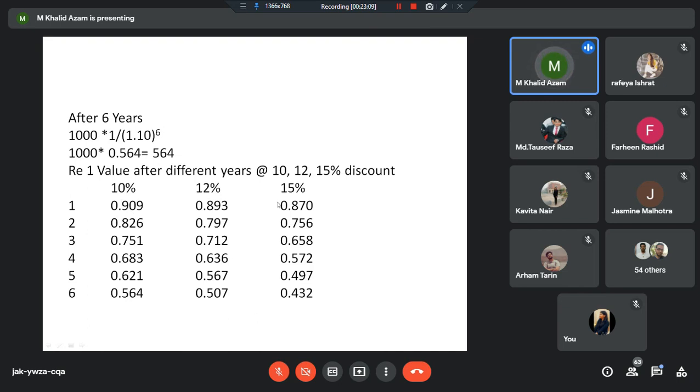So this table is just for the purpose of your understanding, and I think you have understood the relationship. As the period increases, naturally value is going to reduce. As the rate of discount increases, value is going to reduce. Why I am stressing this much on this, I understand that all of you have understood it.